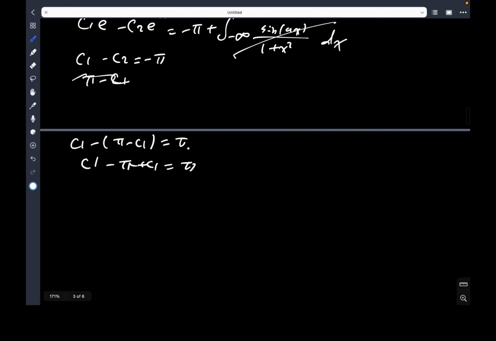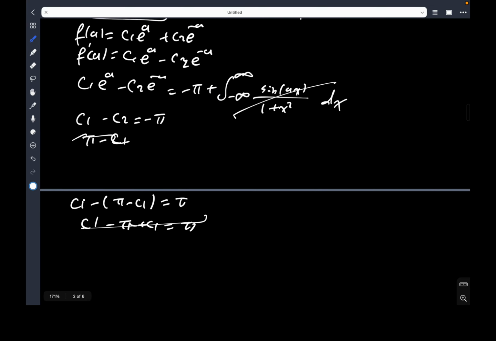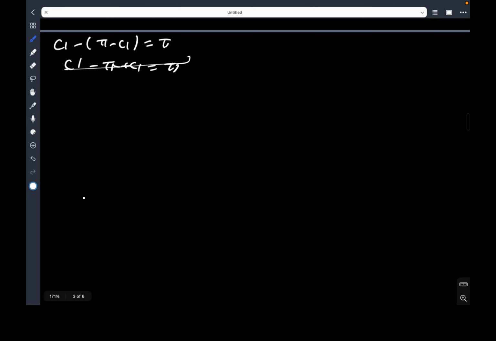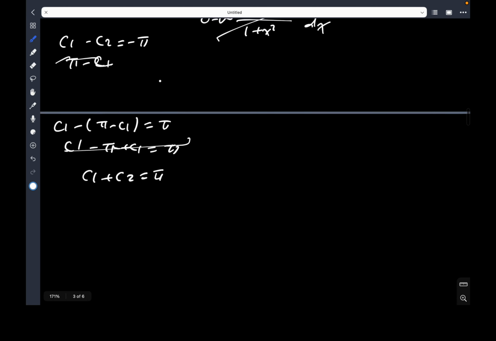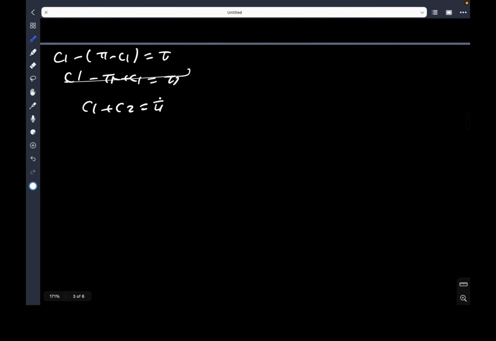Let me write it here: c1 plus c2 equals pi, and c1 minus c2 equals negative pi.